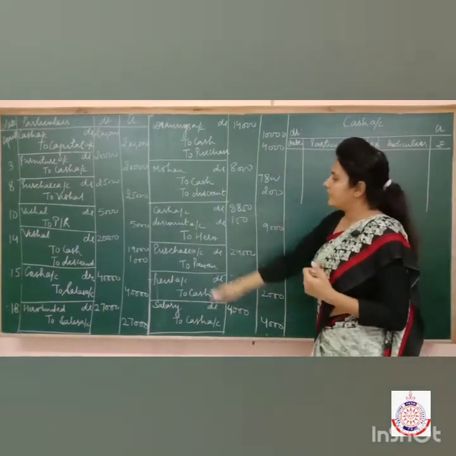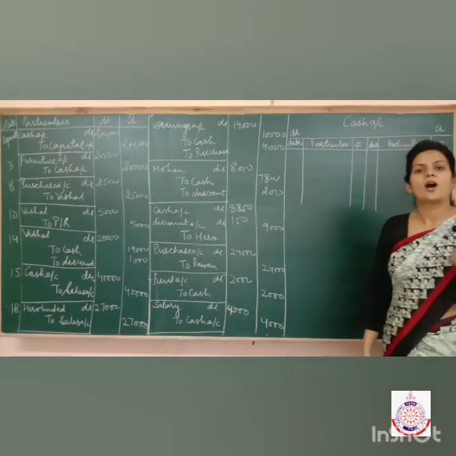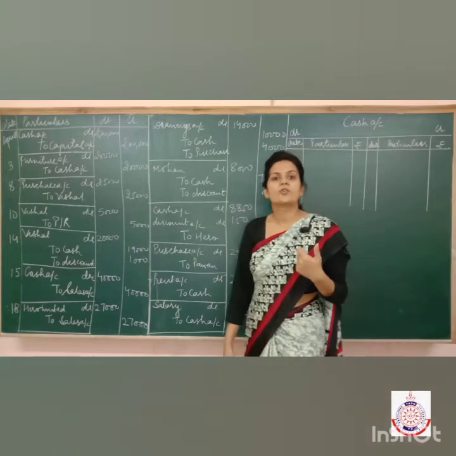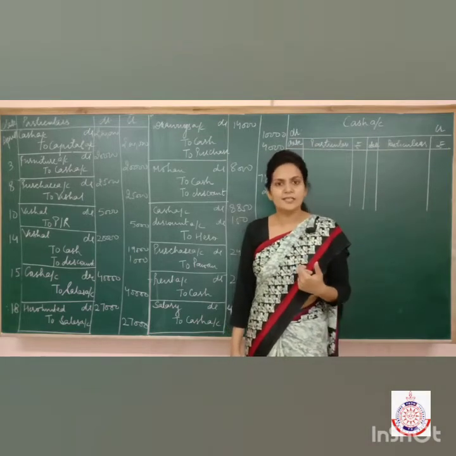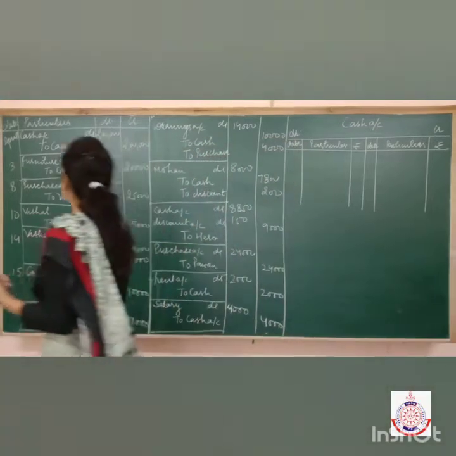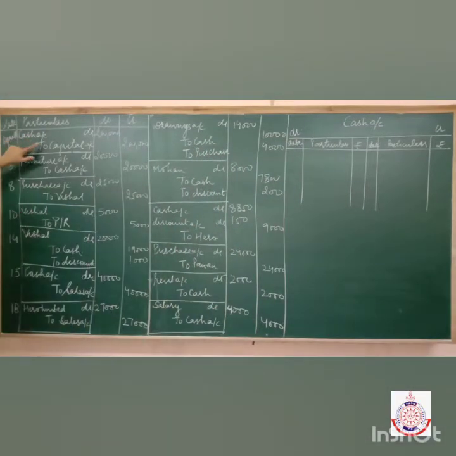From all these entries, you can easily make out how many real accounts we have. Real accounts are the accounts of all the assets, right? So start counting. First entry is cash to capital. Cash is real, capital is personal. Then furniture to cash. Furniture is real, cash is real.